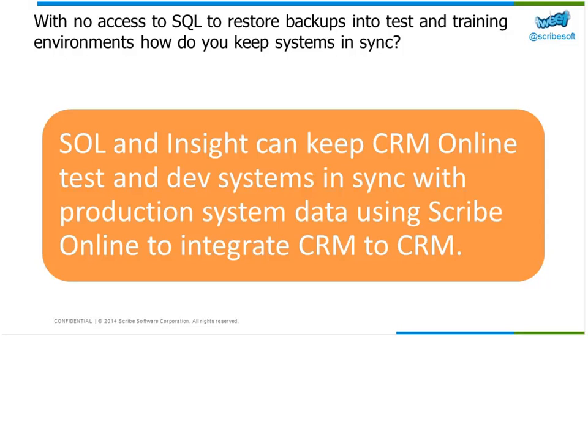Maybe SSNs are wiped, address line 1 is randomized, zip codes are random 5-digit numbers. It's one of the things we can do with Scribe: not only populate the data in these dev test systems, but create the rules that would sanitize the data. It's pretty big, especially in healthcare, where we're dealing with a lot of PII information.